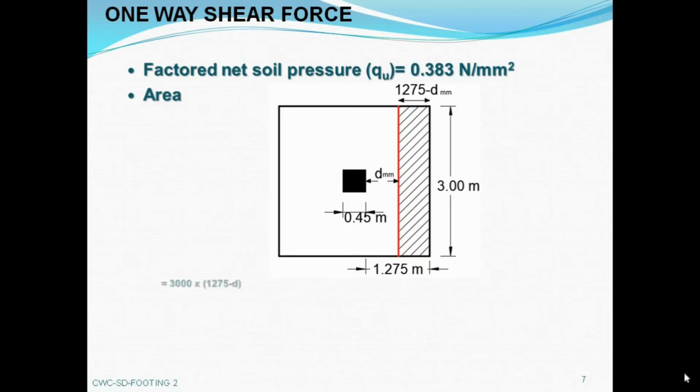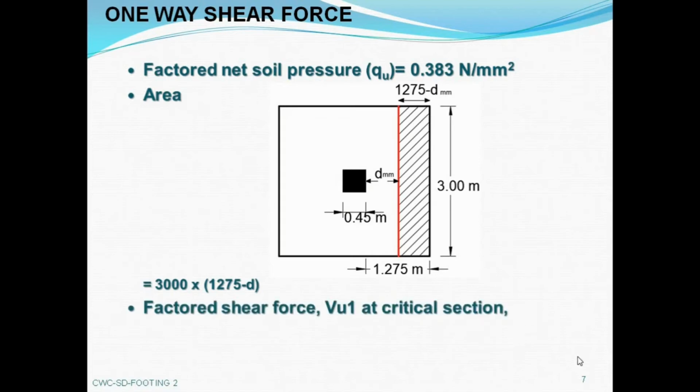So, area of shaded area is equal to 3000 multiplied by (1275 minus d) in millimeters. The factored shear force Vu1 at critical section can be calculated by multiplying the factored net soil pressure with the area. So we get the equation as Vu1 equal to 0.383 into 3000 into (1275 minus d). Mark this equation as 1.